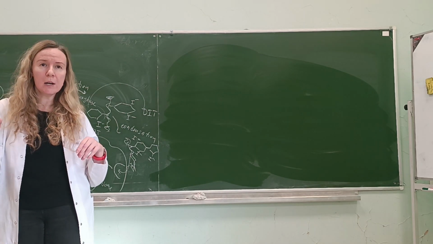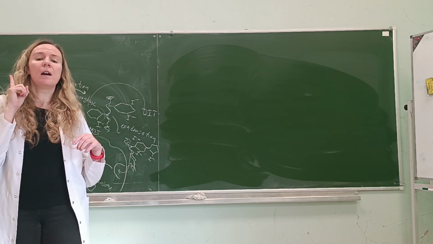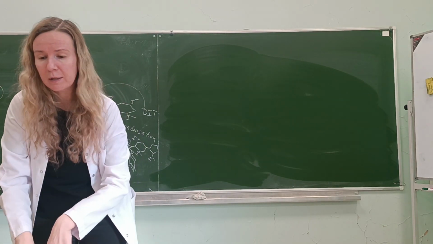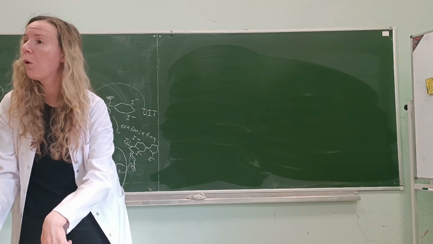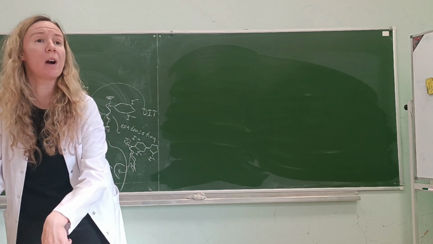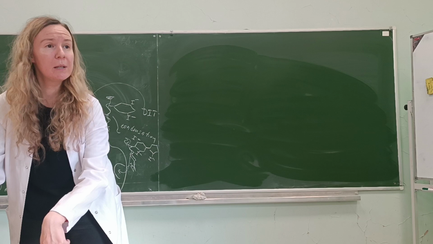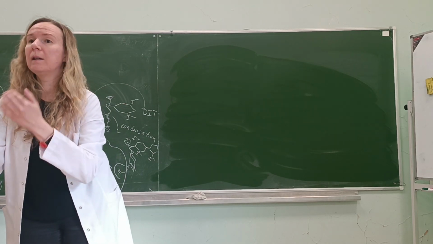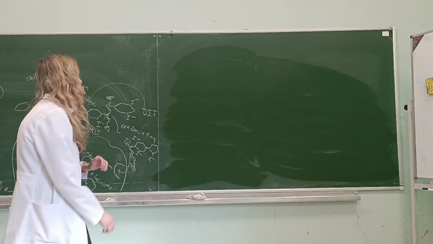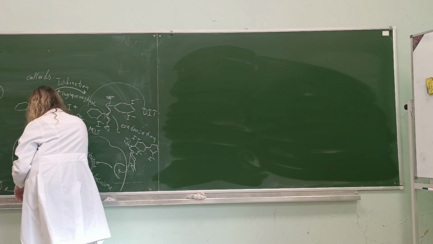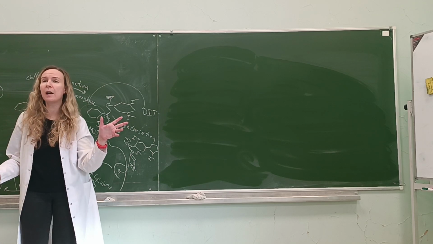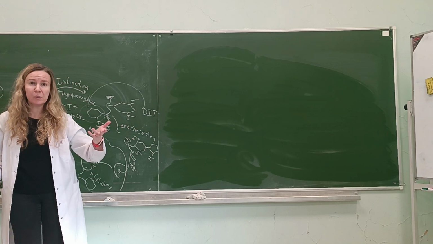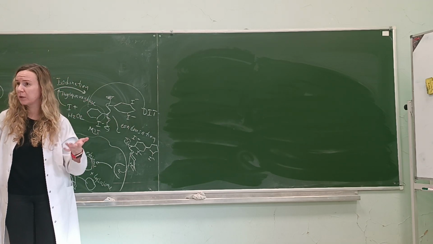Also, I remind you, this is a way of counting the insulin level in patients who already take insulin as a drug, because in this case we take only insulin, and C-peptide shows our own level of insulin. So, a lot of students ask me about tests for diabetes mellitus diagnostics.